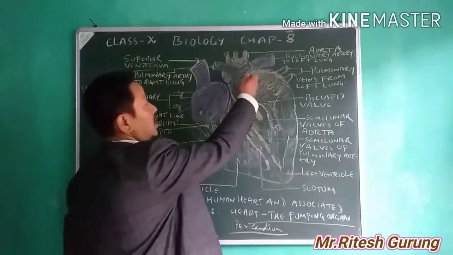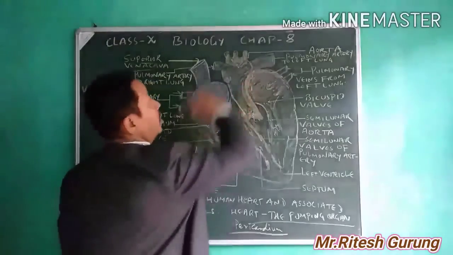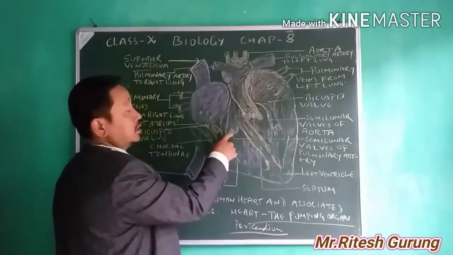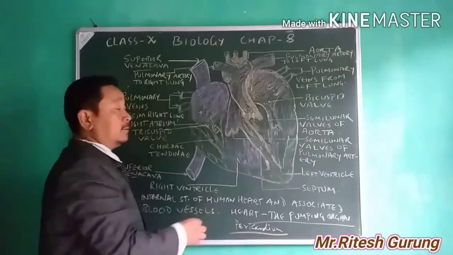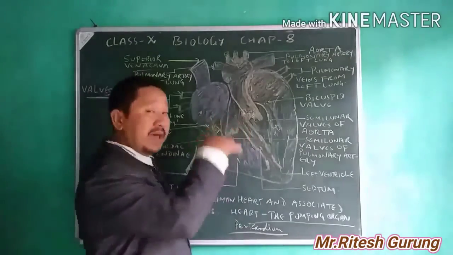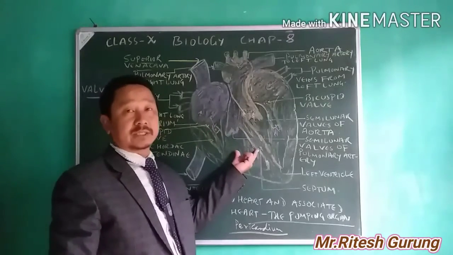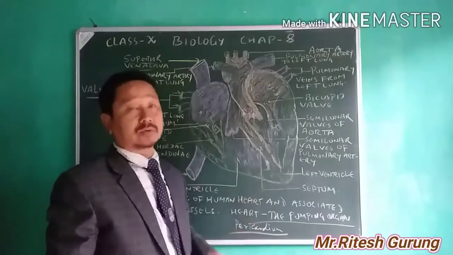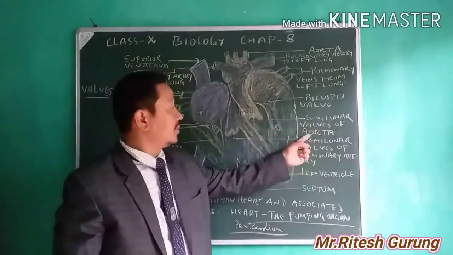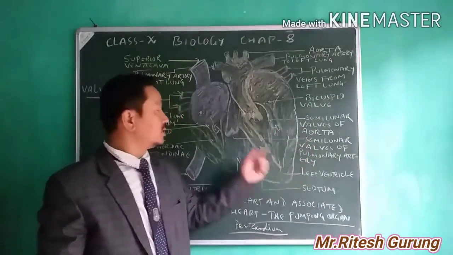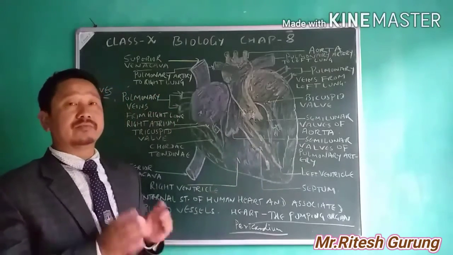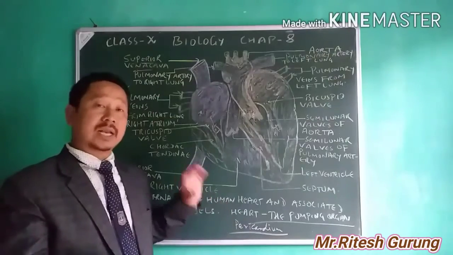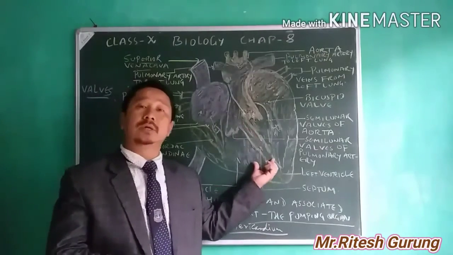That means when the blood has to go to the different parts of the body away from the heart, the valve will allow it. Then it will not allow the blood to come back to the ventricles again. It will be closed at that time, so the blood will not come down. The function of the semilunar valves of the aorta and the pulmonary artery is to make the blood flow only in one direction and not allow it to come back to the ventricles.